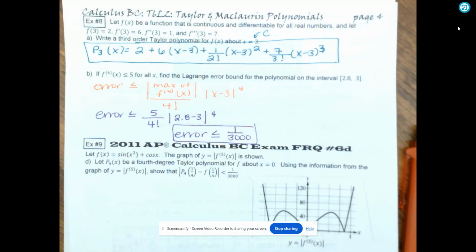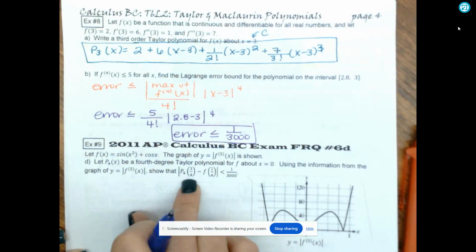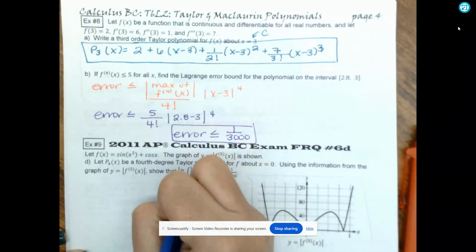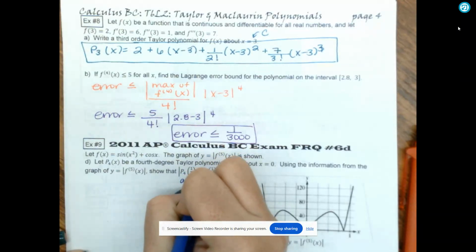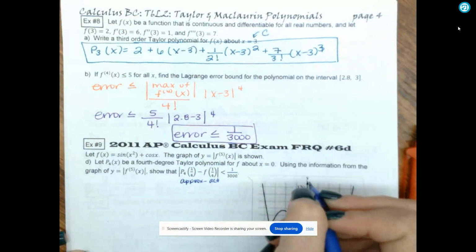Using the information from the graph of y equals the fifth derivative of f, show that the absolute value of p sub 4 of 1/4 minus f of 1/4 is less than 1 over 3,000. So remember, our function itself is our actual, and this is going to be our approximate. In this situation, this is our approximate minus our actual.